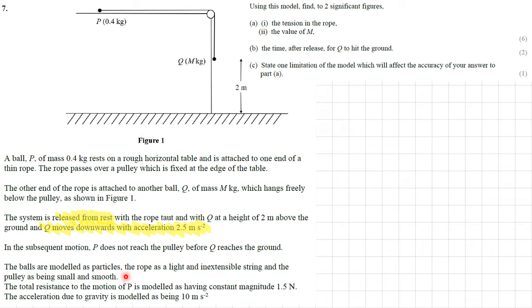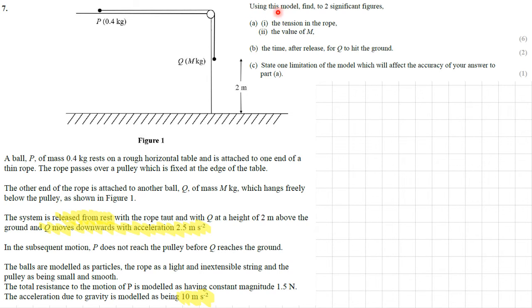The balls are modelled as particles, the rope as a light and inextensible string, and the pulley as being small and smooth. The total resistance to motion of P is modelled as having constant magnitude 1.5 newtons. The acceleration due to gravity is modelled as being 10 meters per second squared. I'm going to highlight that because I don't want to be using 9.8.